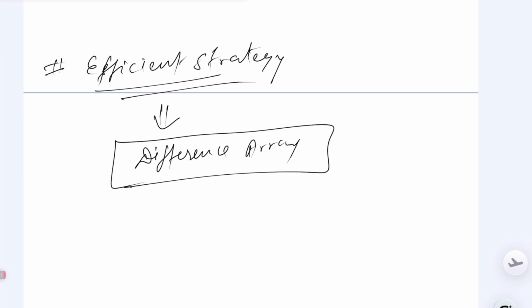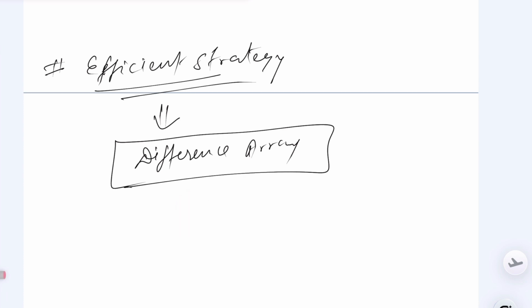Instead of checking each pair separately, which gives a too slow time complexity, we should use a difference array to track how the cost is changing, and then find all the possible sums.